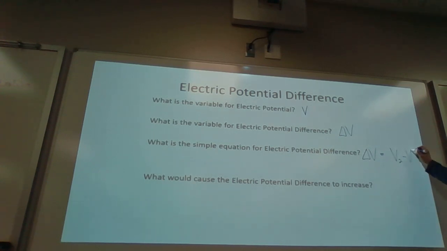So it's voltage 1 minus voltage 2, and I'm going to make it even simpler for you. It's the absolute value, so it doesn't matter which one's 1 and which one's 2. It is the difference in electric potential from one spot compared to another spot.